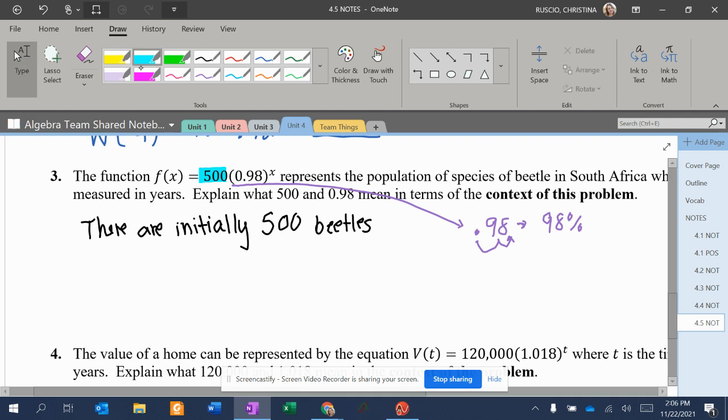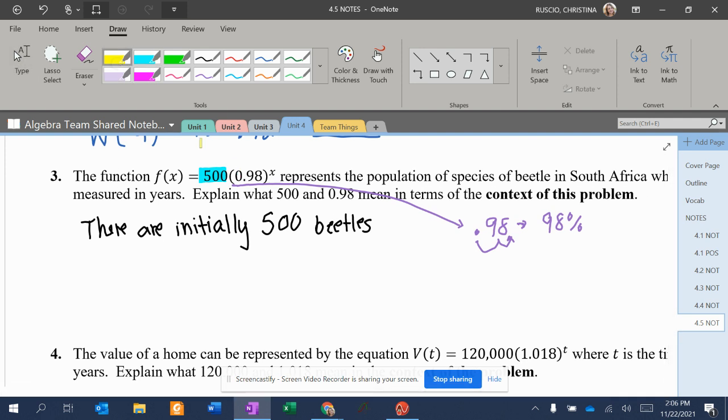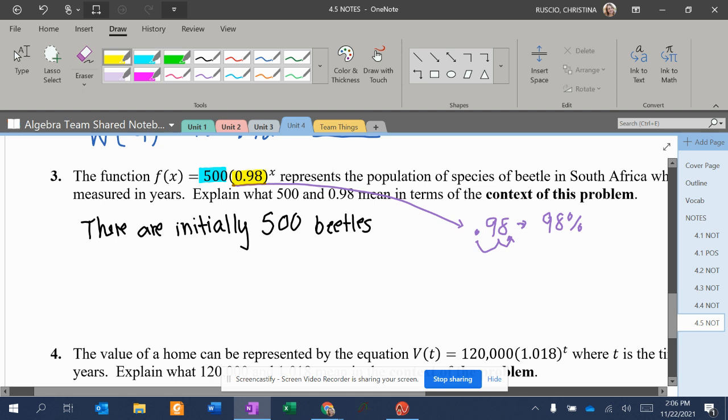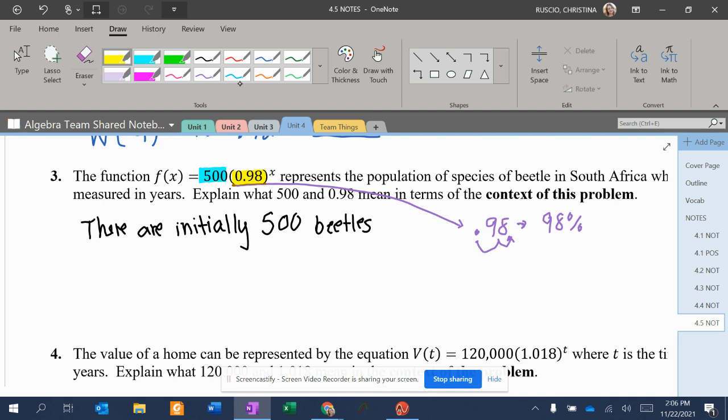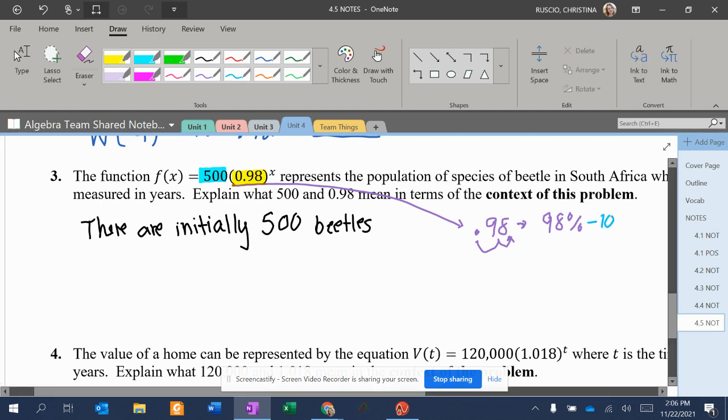A lot of you probably looked at this and said, oh, the population of the beetles, it's decreasing because it's smaller than 1. And you are right. How much smaller than 1, you might ask? Well, compare it to 100%. 98% minus 100% is negative 2%. So what does 0.98 mean? This means every what? Every day, month, year, every year.